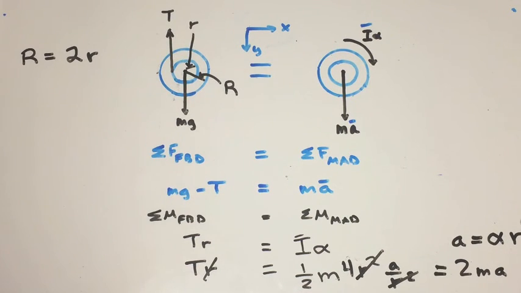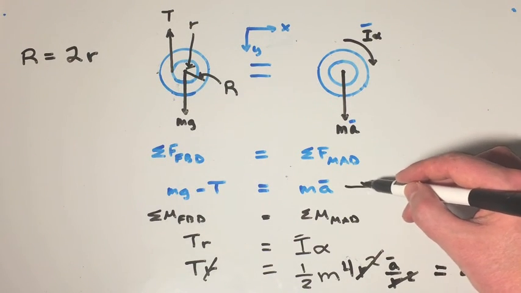Now at this point, we've got this equation, which is T equals 2ma, and we can plug it into this equation. And keep in mind this is a bar, same thing.